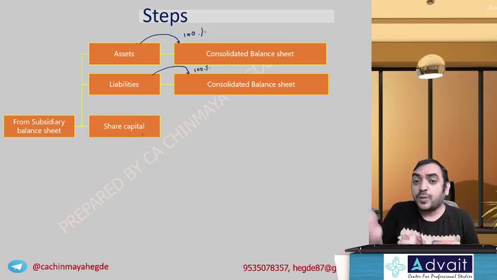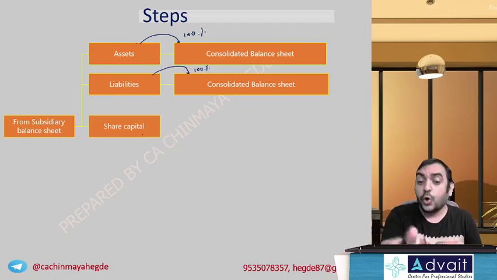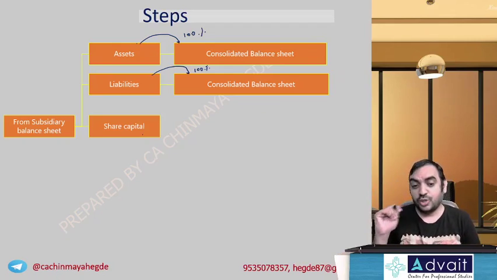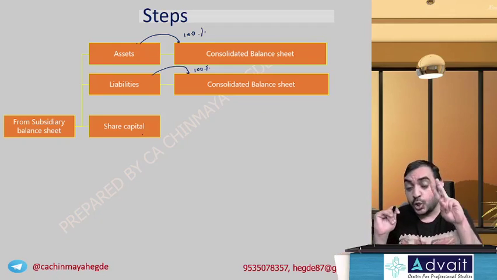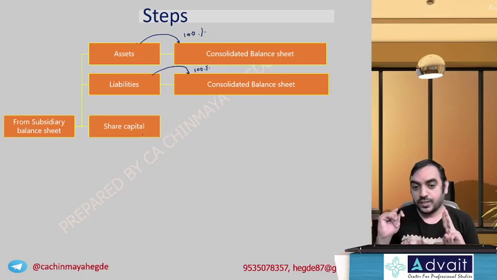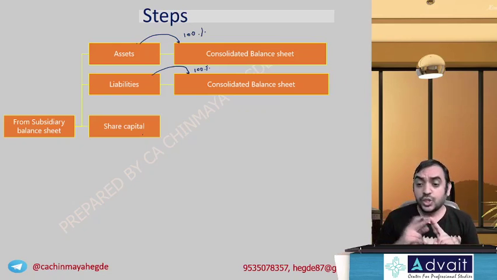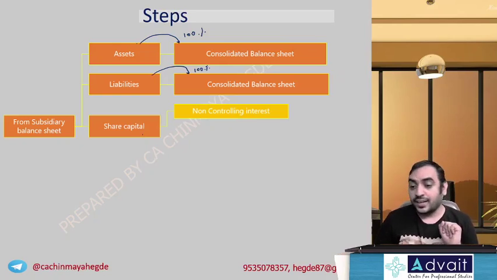Remember, the moment we come to equity elements, we should look at the ownership. Who are the owners of the subsidiary company? Two parties. One is the holding company, the group, and the other is the outsider, NCI. So the outsider's share will go to non-controlling interest.